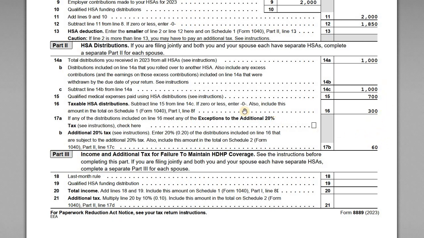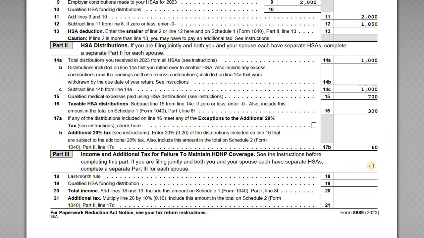Now, the $300 amount is included on Schedule 1 of Form 1040, Part 1, line 8F. And then on line 17B, we have the 20% additional tax on the $300. Now, it does ask us here in 17A if any of these distributions meet the exceptions. We can check here, and then you can report a 0 for the additional tax.